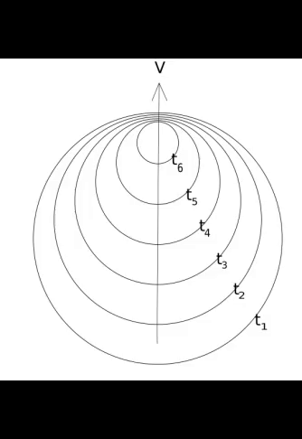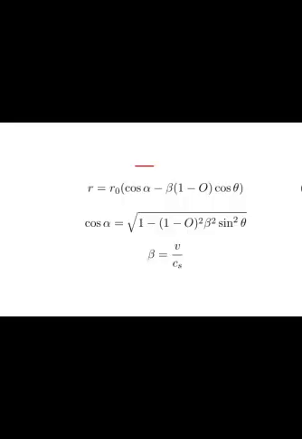And this difference you can calculate, and you get the following equation, which is important for the future. You should try to understand this well. The beta is the velocity of the electron divided by the speed of light multiplied by the order. Otherwise you have this angle, the theta angle, defined in the figure.